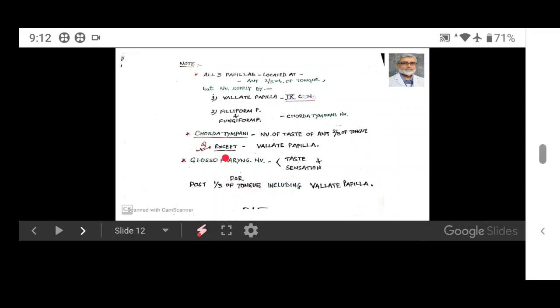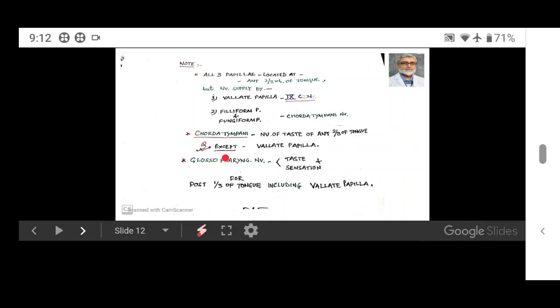Chorda tympani is the nerve of taste of the anterior 2/3 of the tongue, except vallate papillae. This question is asked. The nerve of taste of the anterior 2/3 of the tongue is chorda tympani nerve, except vallate papillae. Vallate papillae are supplied by the posterior 1/3 part.